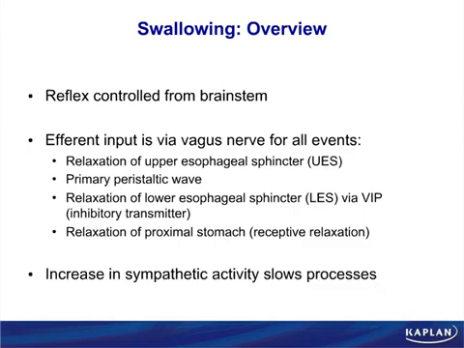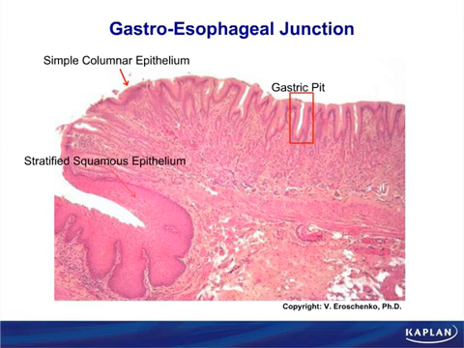An increase in sympathetic activity will slow all GI processes, because sympathetic slows both motility and secretions in the GI tract. Now, the gastro-esophageal junction is basically the junction between the stomach and the esophagus. So that's why you'll see on the left of this picture, the stratified squamous epithelium is inside the esophagus. And on the right of the picture is the columnar epithelium that is inside the stomach.